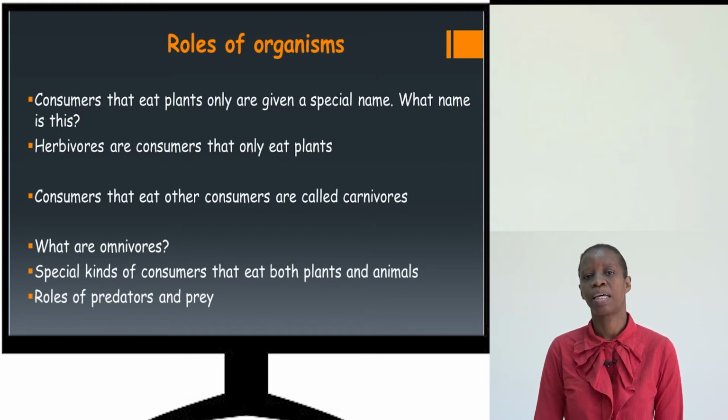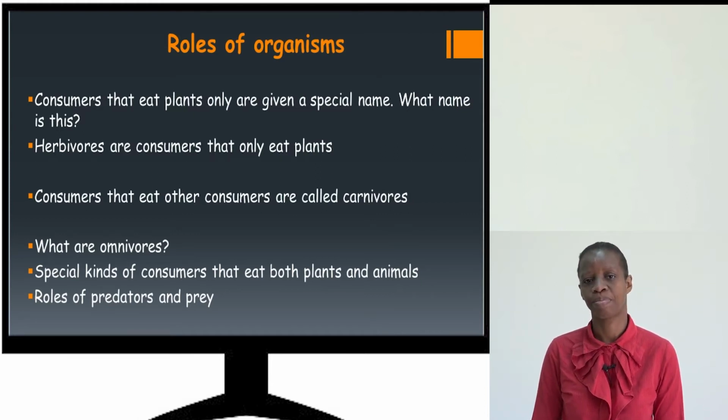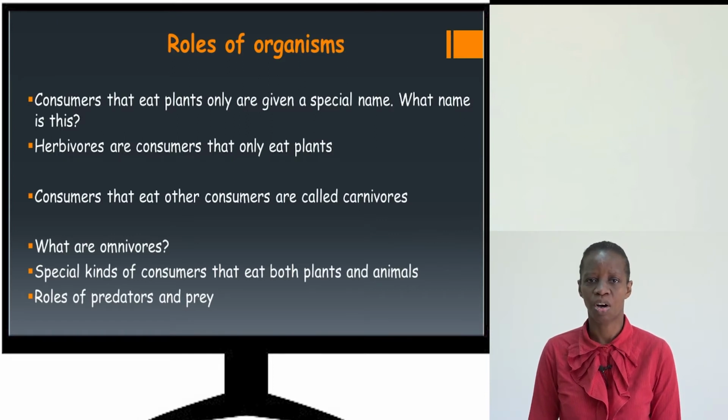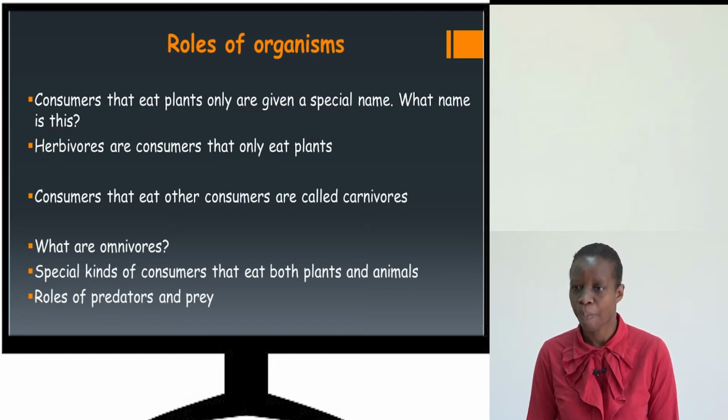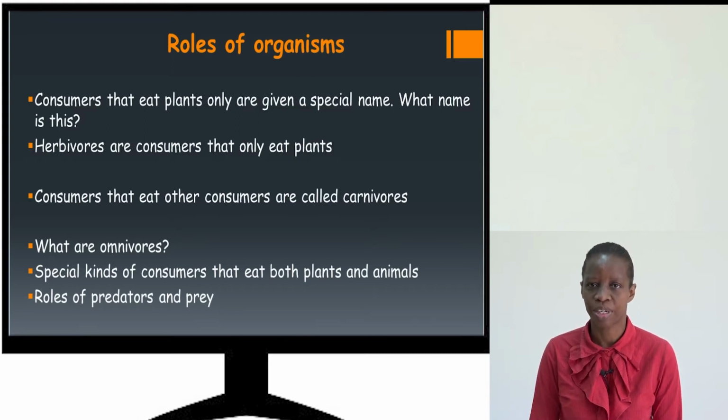So, the bee, for instance, would be a herbivore. We don't see bees eating other animals, right? They only visit plants. So the bee, the grasshopper, can you think of any more herbivores? All right, so these insects, animals, yes, they are herbivores.